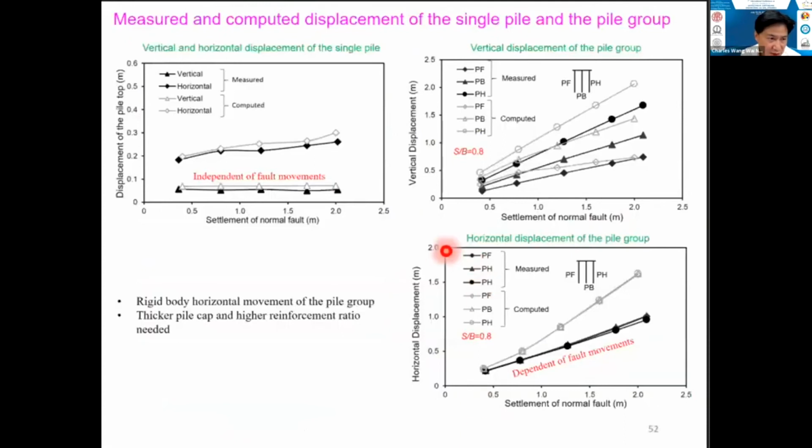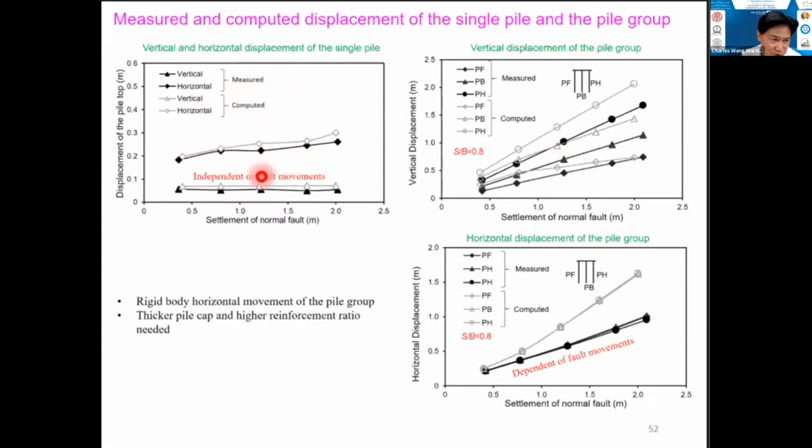And here is a series of pictures. This left hand side here is the settlement of the normal fault versus the displacement of the single pile test, and this is the pile group here. Let's start with single pile. The black solid symbols represent the measured numbers, and the computed ones are the open symbols.